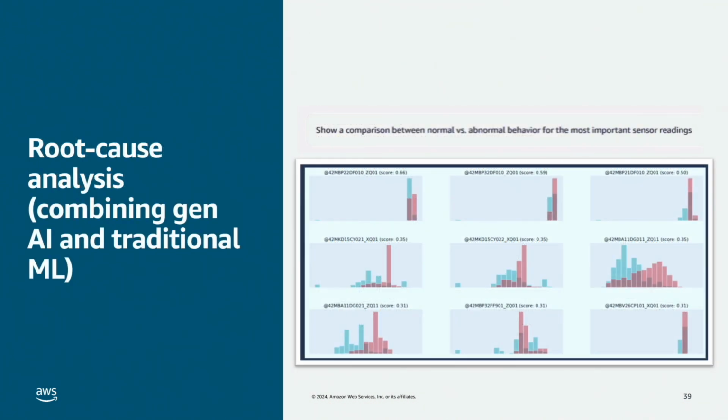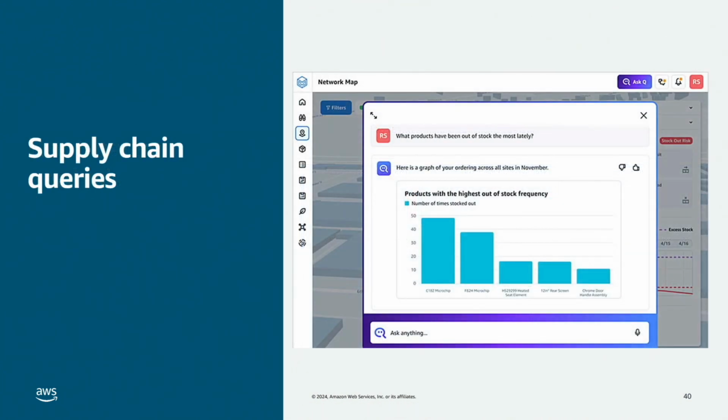Here's some other ones. Show me a comparison between normal and abnormal behavior for the most important sensor readings. If we've detected an anomaly, now help me figure out what's going on with the anomaly. It's just accessing information for humans in an easy way. Here's a supply chain example. Hey, what products have been out of stock the most lately?